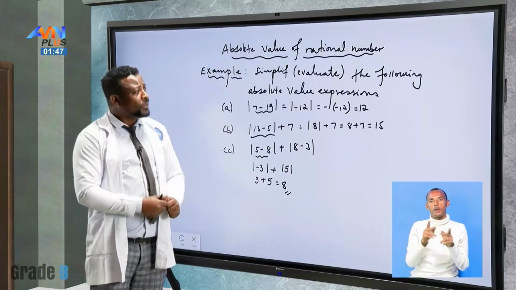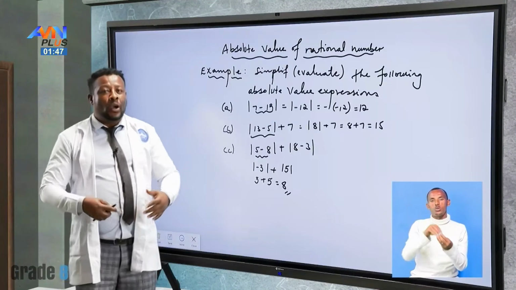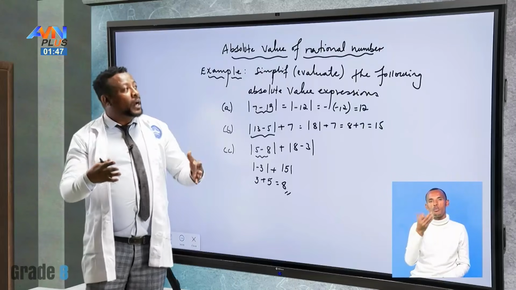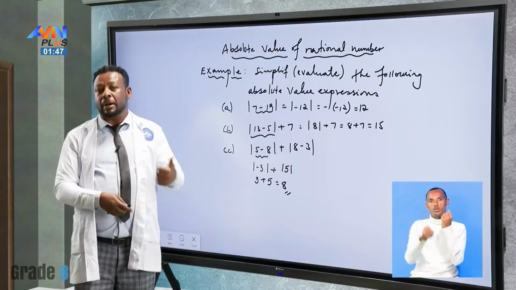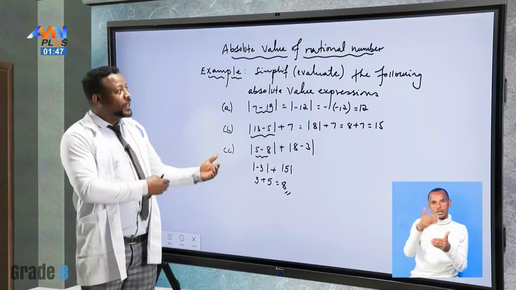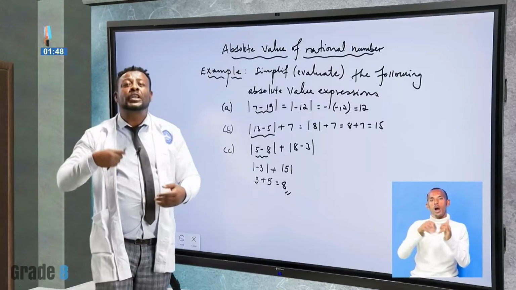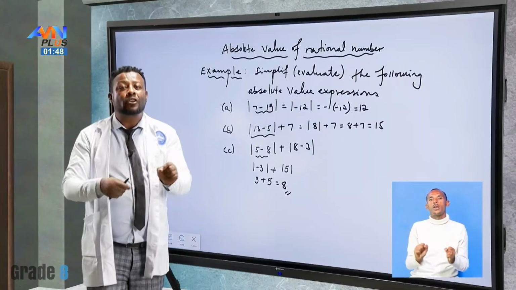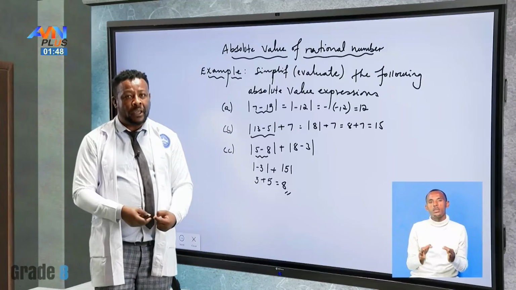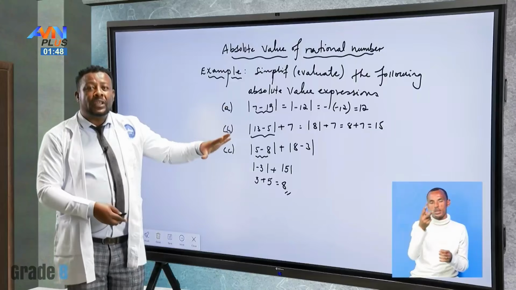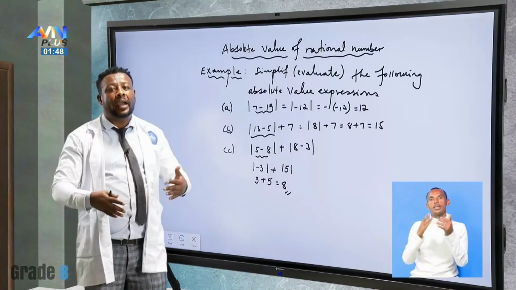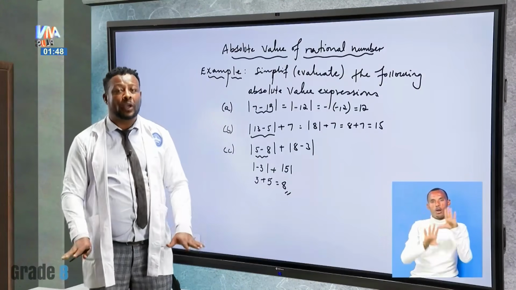Okay, we have also another kind of concept regarding absolute value. Next, I will show you how you can solve equations containing absolute values. So far we have seen how we can simplify and evaluate absolute value expressions.